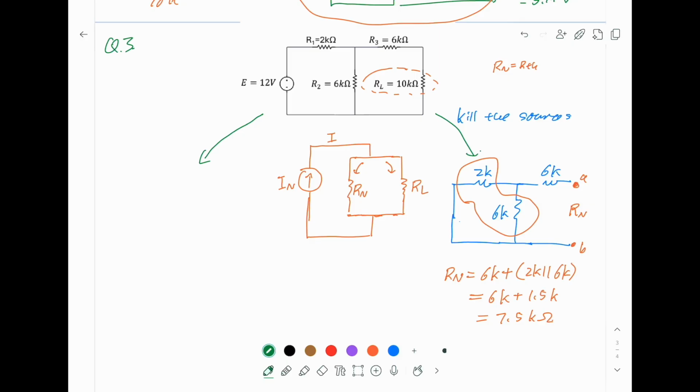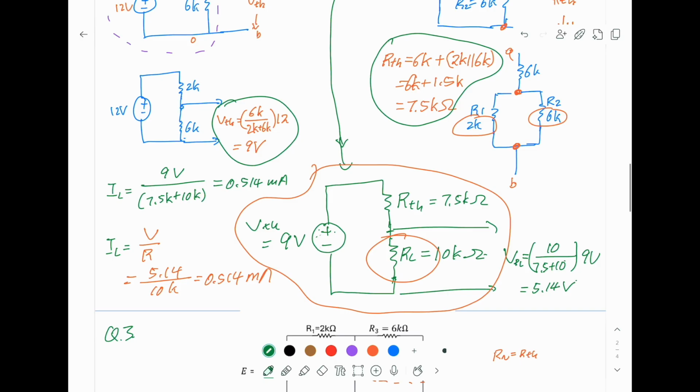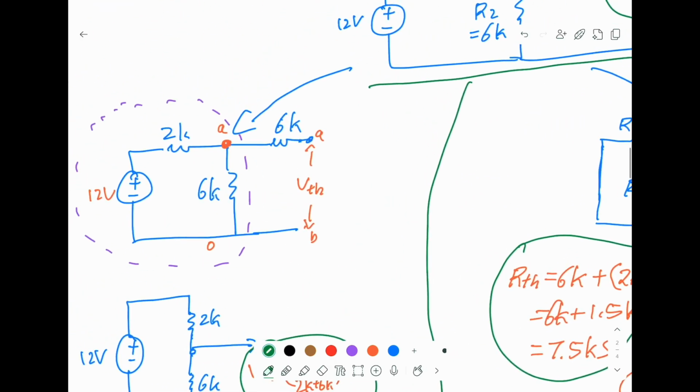So first we remove the RL, but this time it's slightly different. So let's do it. Plus minus, this is 12 volt. We still keep this one. This is 2K. This is 6K. And this is 6K. Now, the difference between Thevenin theorem and the Norton is, in Thevenin, if you go back here, you just open the source.